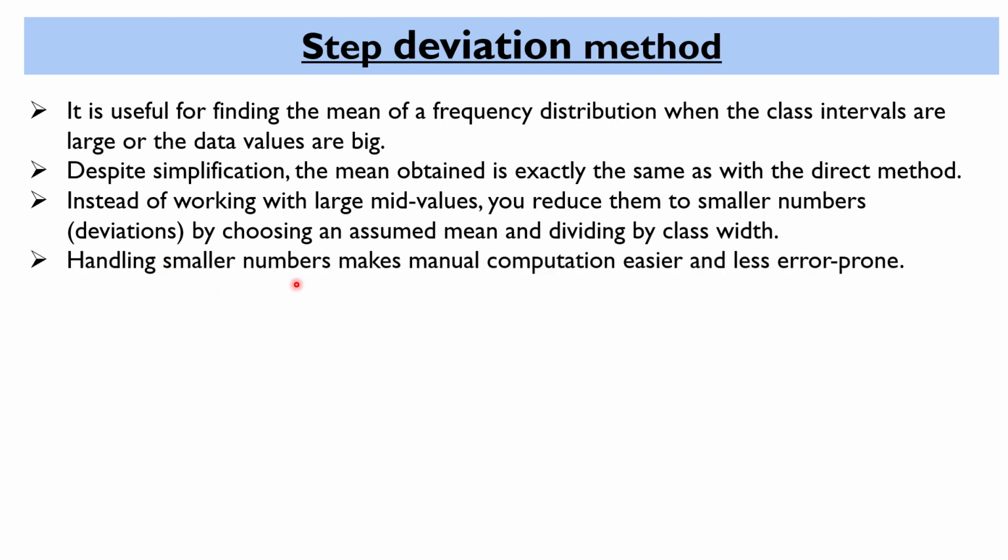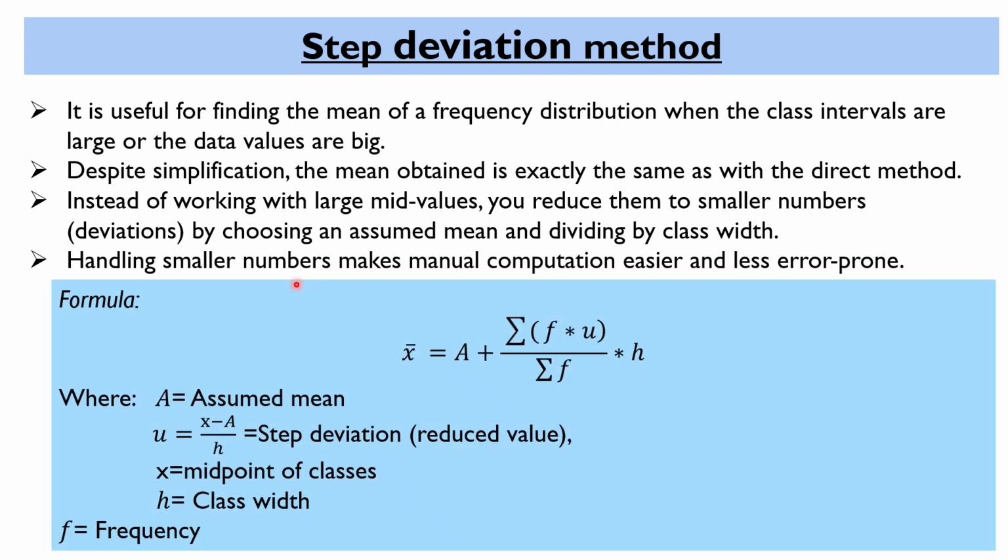So handling smaller numbers makes manual computation easier and less error prone. The formula is: sum f into u divided by sum f, then multiply it by h and then add assumed mean to it, where u is deviation of midpoints from that assumed mean upon h.